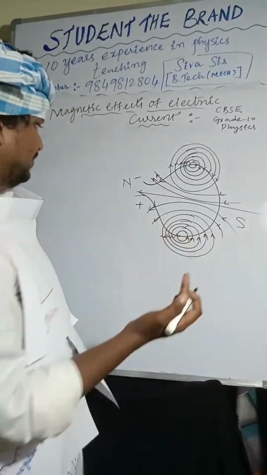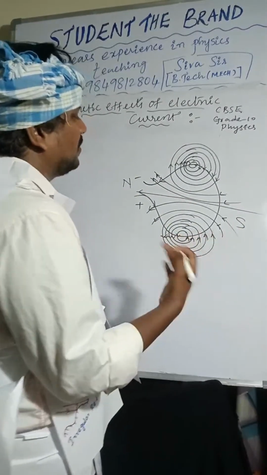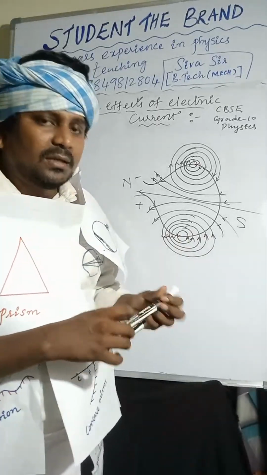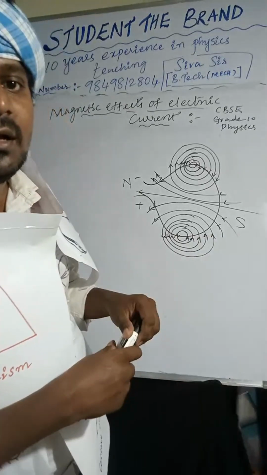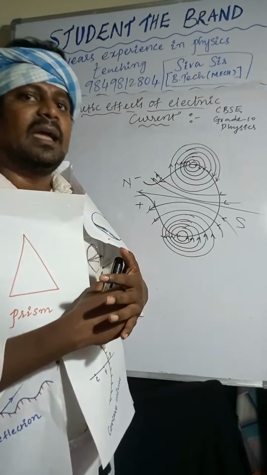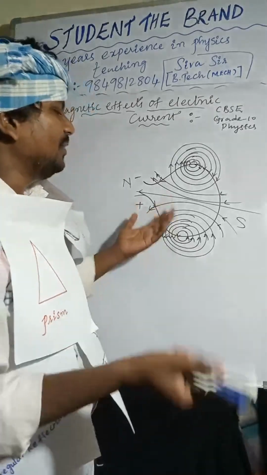How can you identify the direction? How can you identify whether the magnetic field is more? Sir, is it a uniform magnetic field in the middle? Yes, that is correct, a uniform magnetic field.